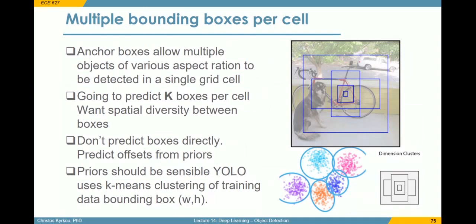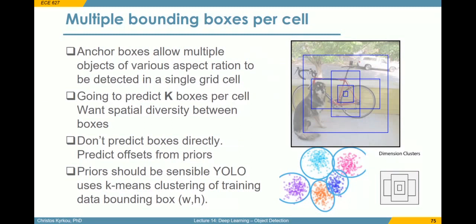Another improvement was with regards to the number of boxes per grid cell. They used the concept of anchor boxes that we saw before with region proposal methods to set some predetermined aspect ratios and scales.